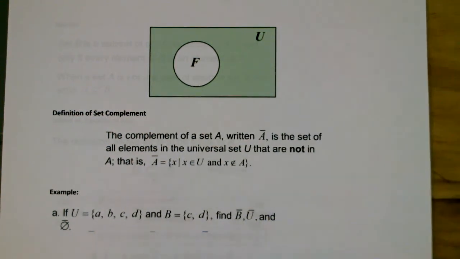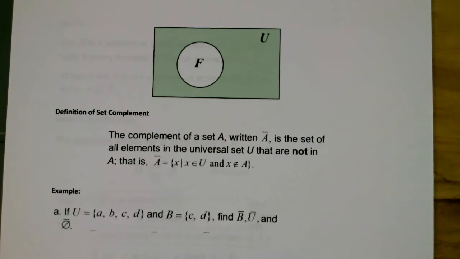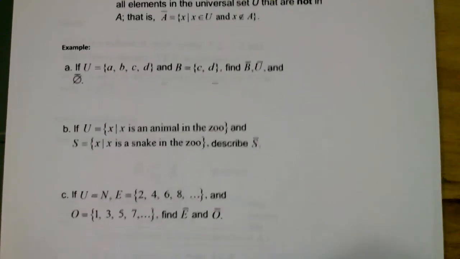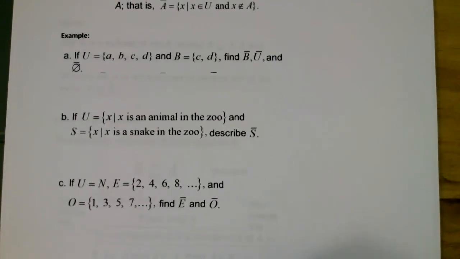All right, so let's look at these few examples dealing with the set complement. Let's start with part A. If U has the elements A, B, C, and D, which is the universal set, and B has the elements C and D, find the complement of B, the complement of U, and the complement of the empty set.